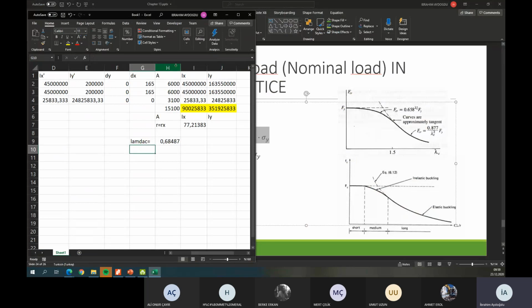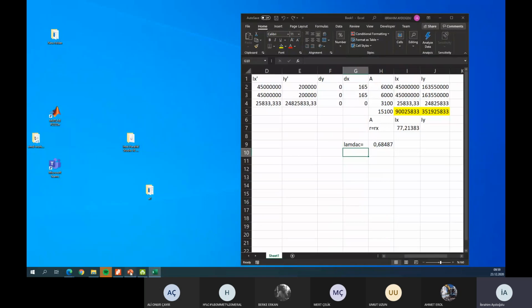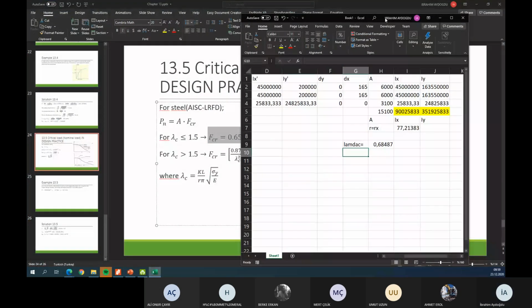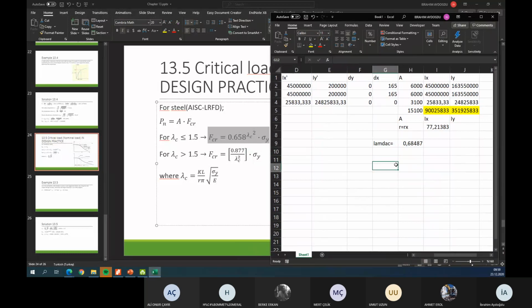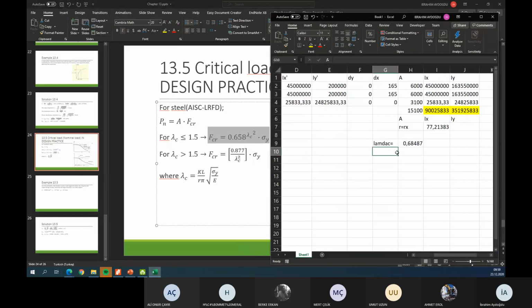So Fcr is equal to, I can move like this. Okay. Fcr is equal to 0.658 to the power of lambda c squared, so it is a power of a power. The power in parentheses lambda c.